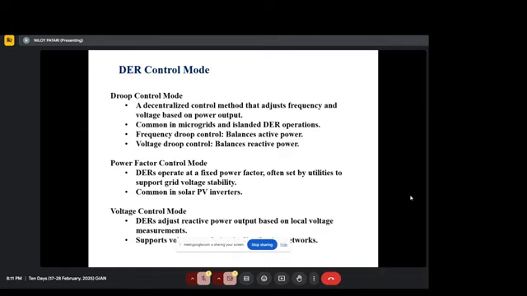Then we have power factor control mode. What I mean is, take the capacitors that I was talking about. There are two main functions of a capacitor in distribution systems. One is to correct power factor, and the other is to improve voltage.